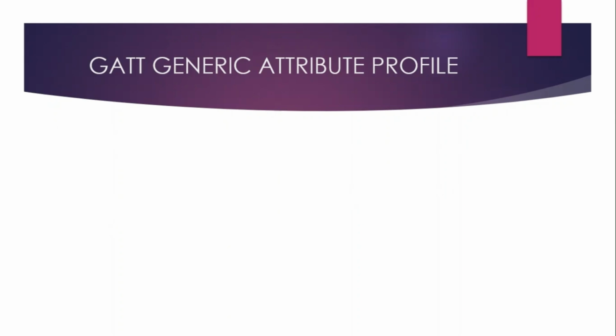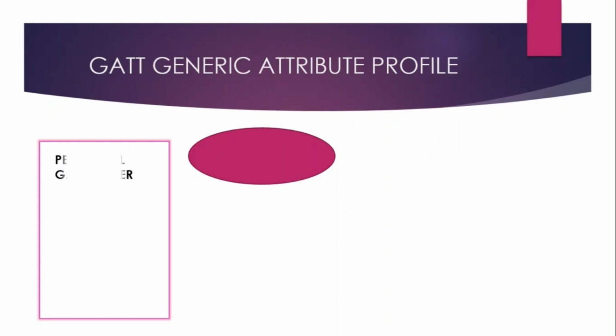In my next slide, I'll be showing you a picture so you understand more. This is the GATT server. This GATT server will in turn contain profiles. What is a profile? I have already explained in my previous session. A profile defines how a protocol is used to communicate between two devices. GAP, the generic access profile, is responsible for the connection setup, whereas GATT, the generic attribute profile, is dealing with the data exchange.